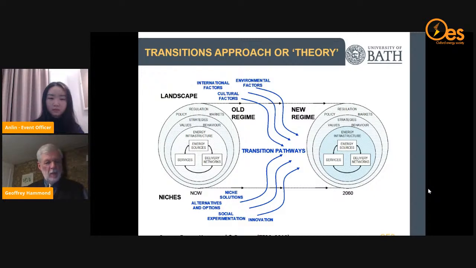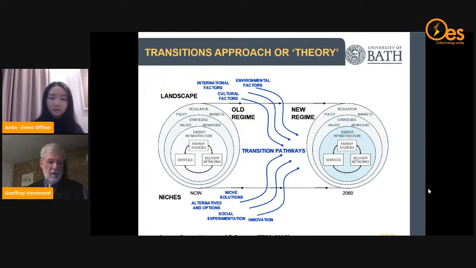Now, in order to see how we get from the old regime to the new regime, there are a number of factors that will have implications for the transition pathway going forward. First of all, there's the landscape. This is the international factors, environmental factors, cultural factors, which affect the energy system. Then we have the regime. The regime is the regulatory regime that you might have in any given country.